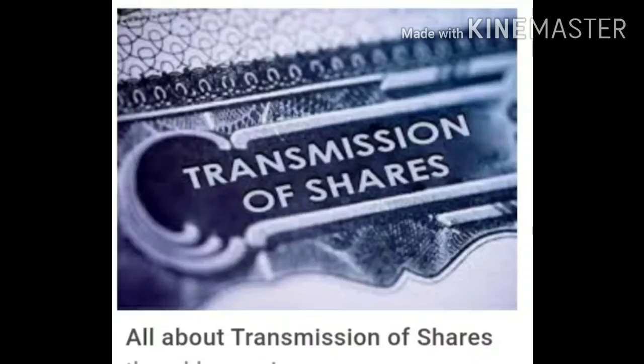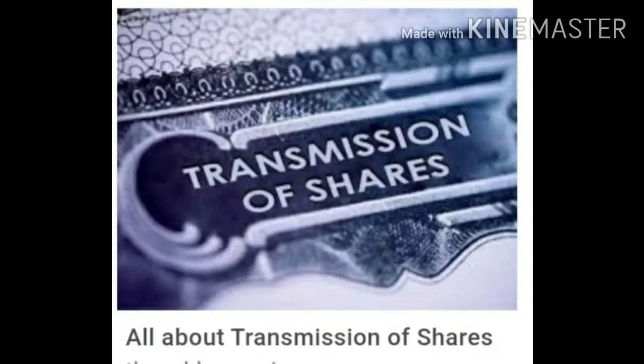The regular transfer procedure is given in Section 108 of the Companies Act, whereas Section 109 talks about how the regular transfer procedure is not followed in transmission of shares.